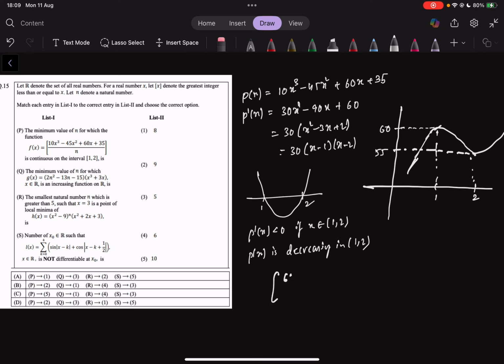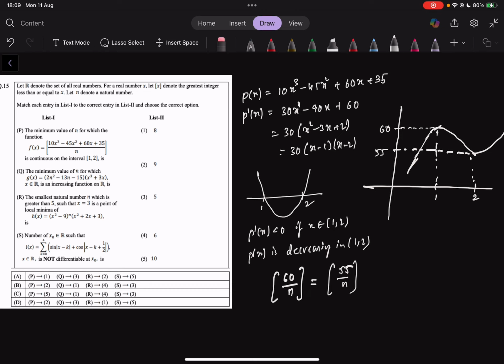So essentially our solution will become box of 60 by n is box of 55 by n. So we can check for each option, because we can't solve this box function directly, since we're having n in the denominator.